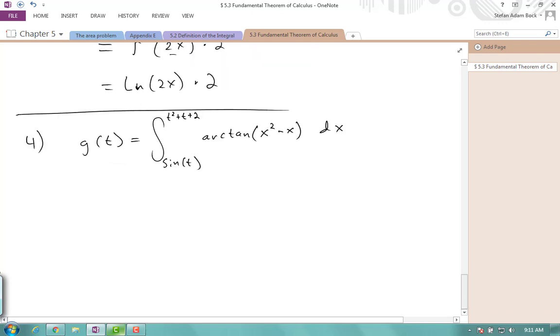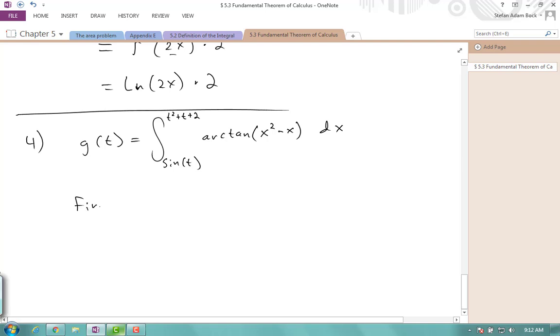where I have g of t this time is the integral from sine of t up to t squared plus t plus 2 of the arctangent of x squared minus x with respect to x. This looks like a pretty awful setup, but we actually deal with these kinds of integrals in calculus 3 when we take calculus up to the third dimension.